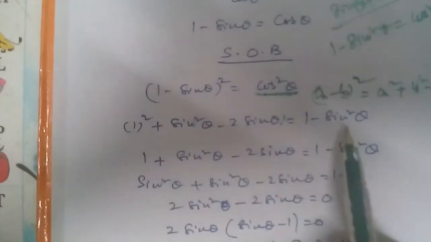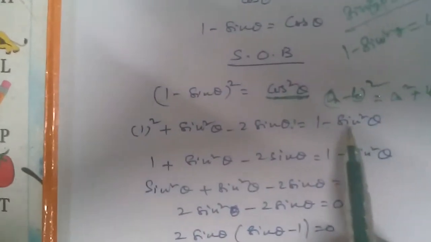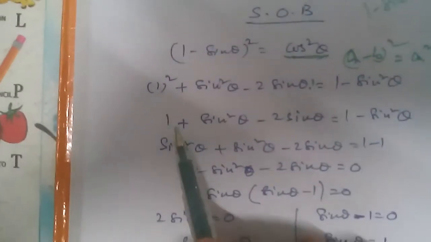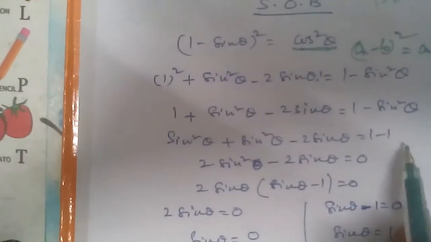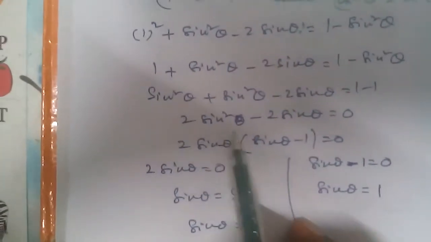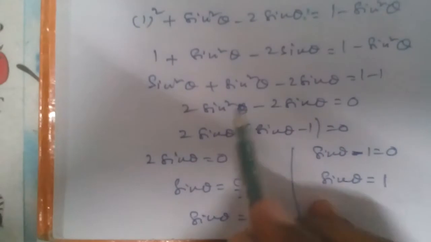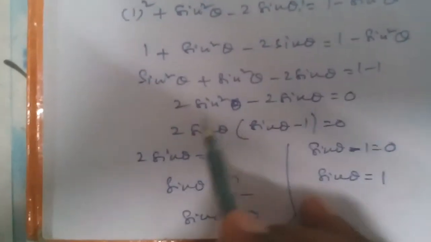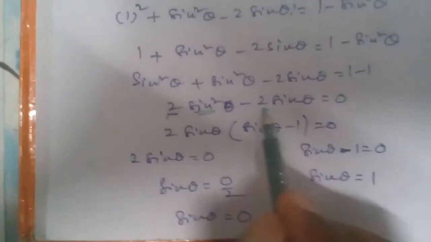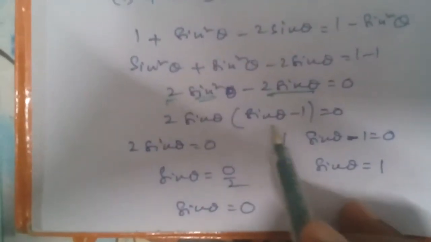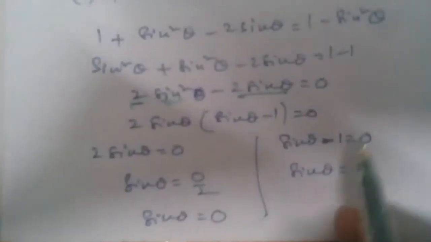So I am transposing minus sin square theta to left hand side. So I am sending plus 1 to right hand side. So sin square theta plus sin square theta, 2 sin square theta minus 2 sin theta, 1 minus 1 is equal to 0. So I am taking common 2 sin theta. So I will get 2 sin theta into sin theta minus 1 is equal to 0.